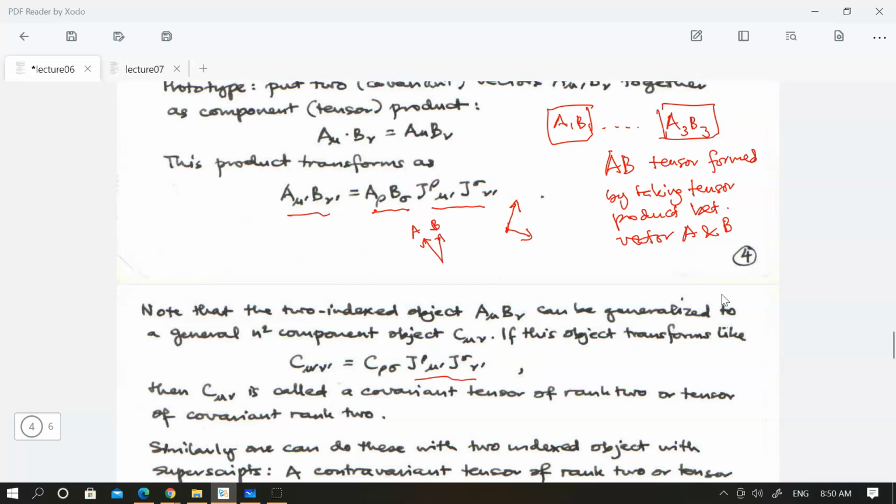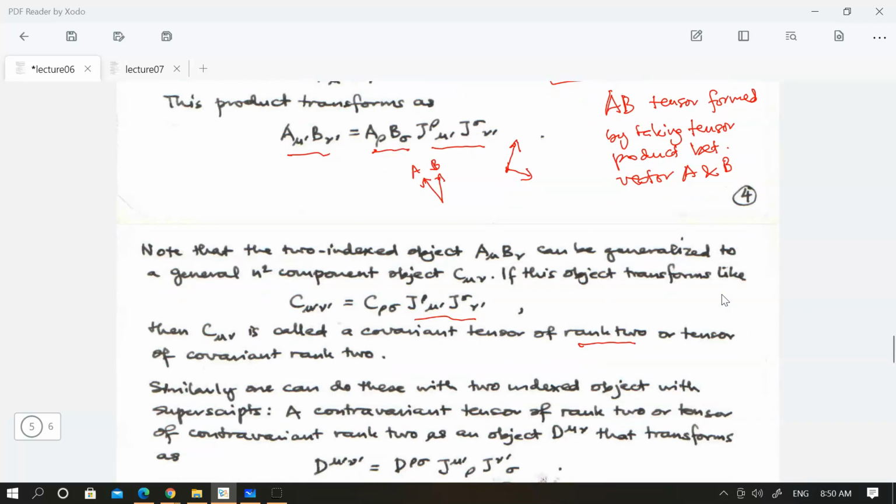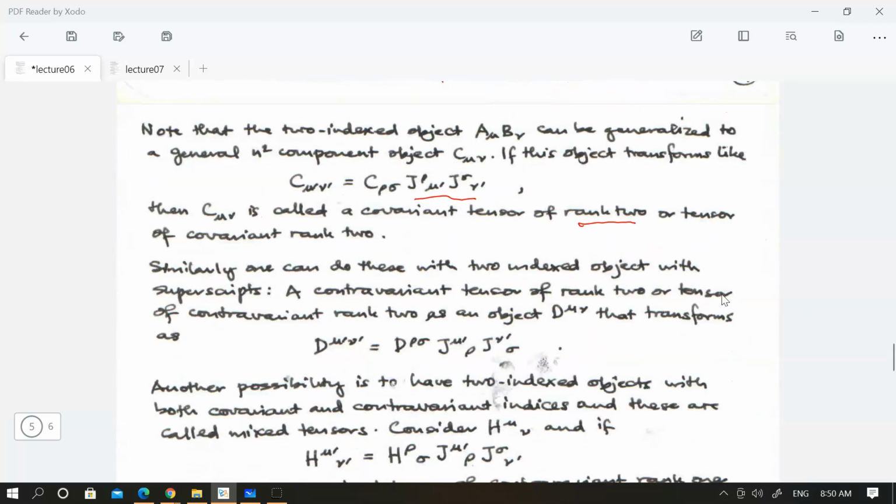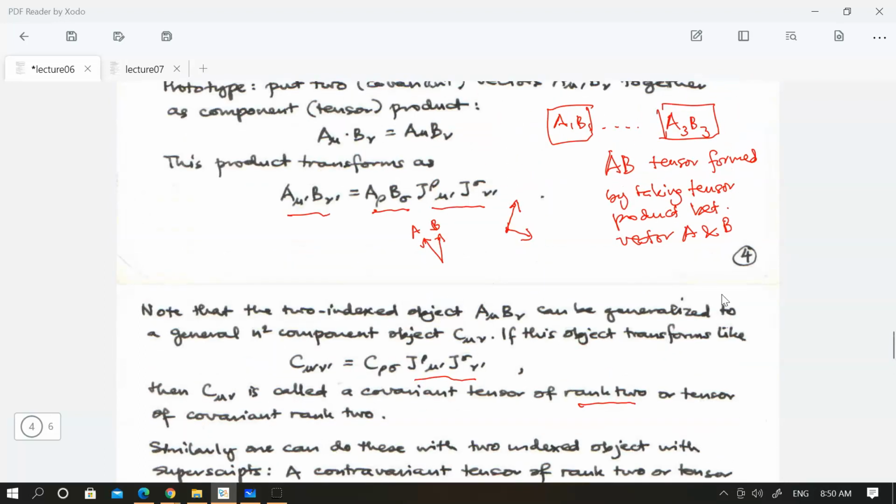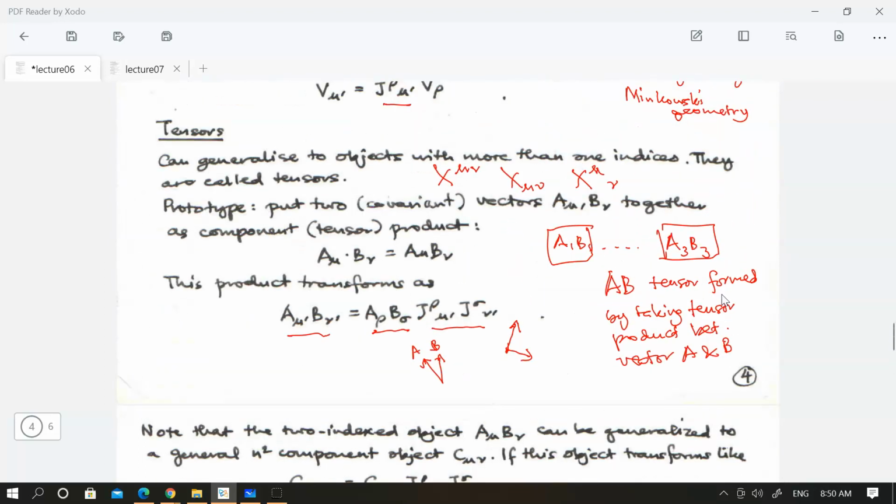Then that is called a covariant tensor of rank 2, or, more generally, a tensor of covariant rank 2, because you can have different types of rank.